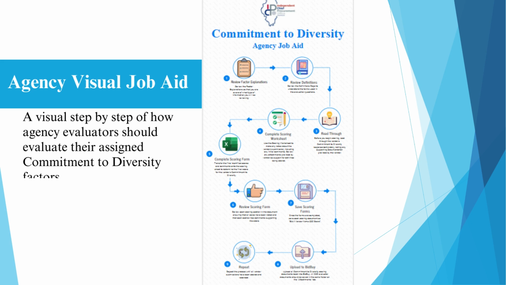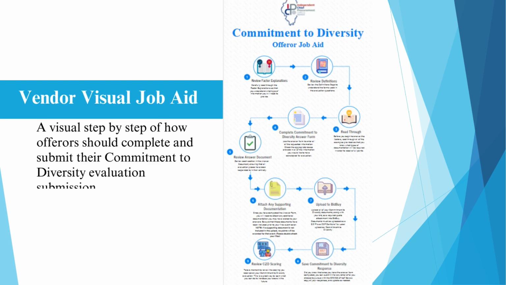It provides a visual step-by-step of how agency evaluators should evaluate their assigned Commitment to Diversity factors. In addition, there is a vendor visual job aid. This provides a visual step-by-step of how offerers should complete and submit their Commitment to Diversity evaluation submission.